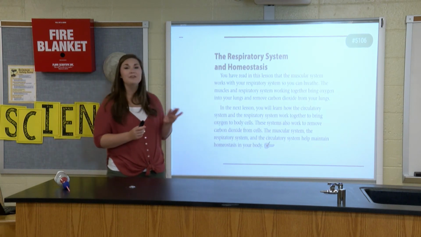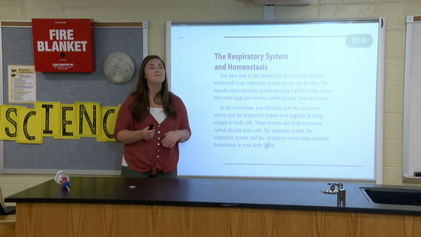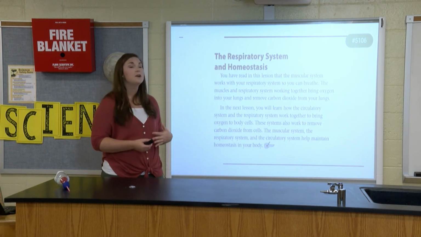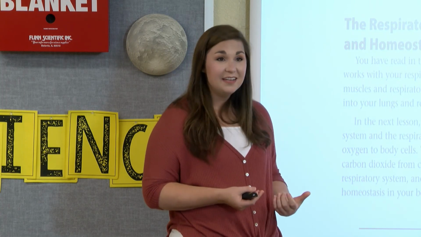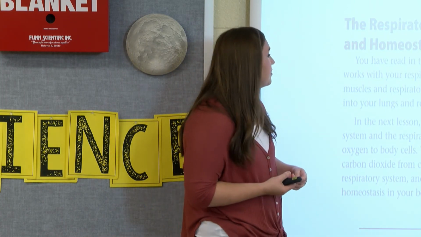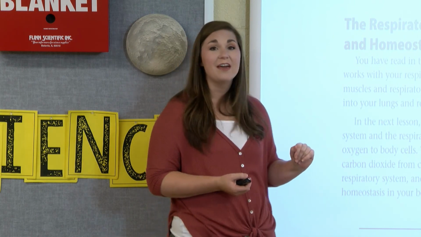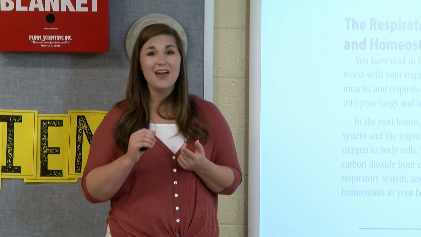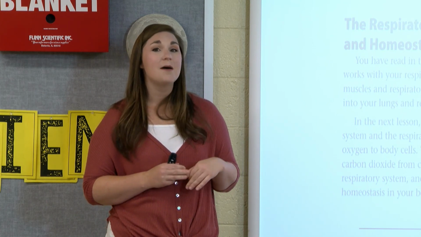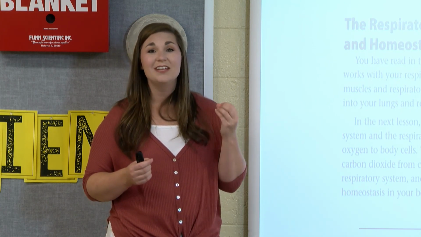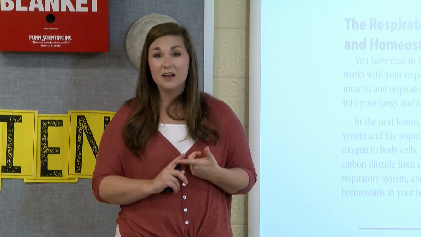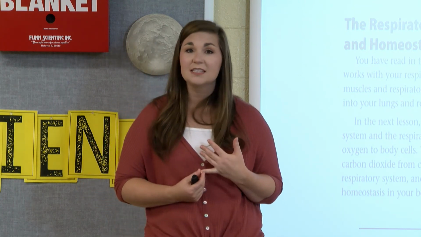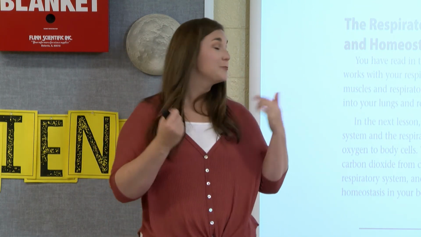All right, the last thing that we've talked about so far with every system is that system staying in homeostasis. Remember, that is the stable environment that your body is used to and your body needs in order to function properly. So the muscles and the respiratory system work together. We talked about the muscular system early on, and we said that you have smooth muscle that makes up all the organs inside your body that need to contract and expand. Well, our lungs contract and expand, our alveoli contract and expand, our diaphragm contracts and expands, our nostrils do as well.